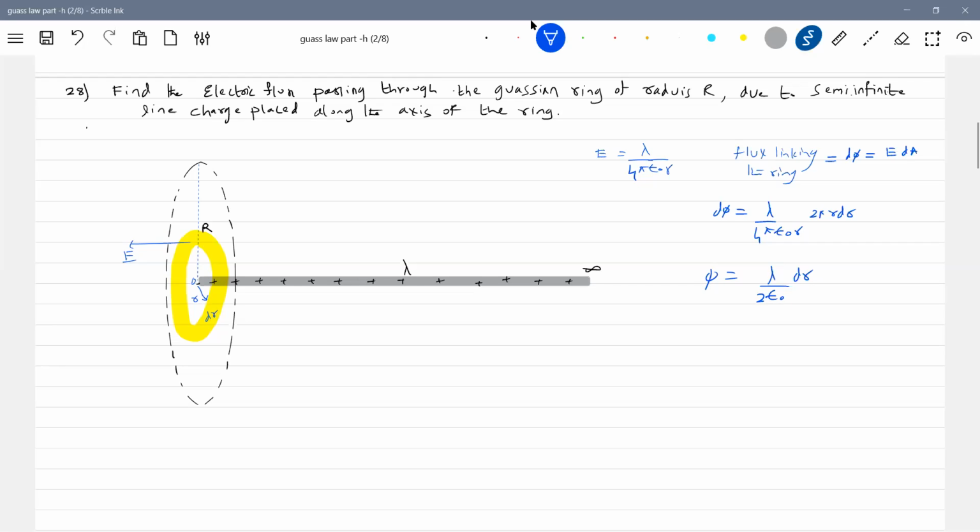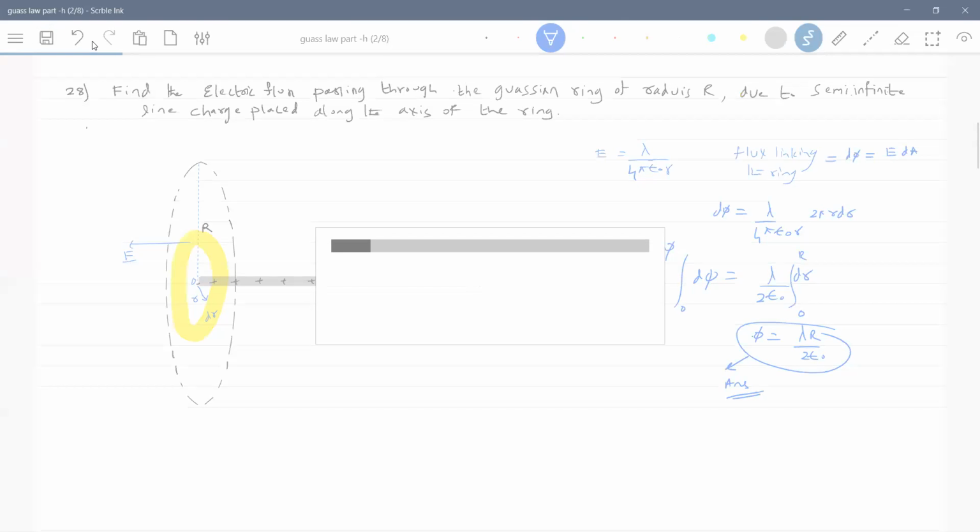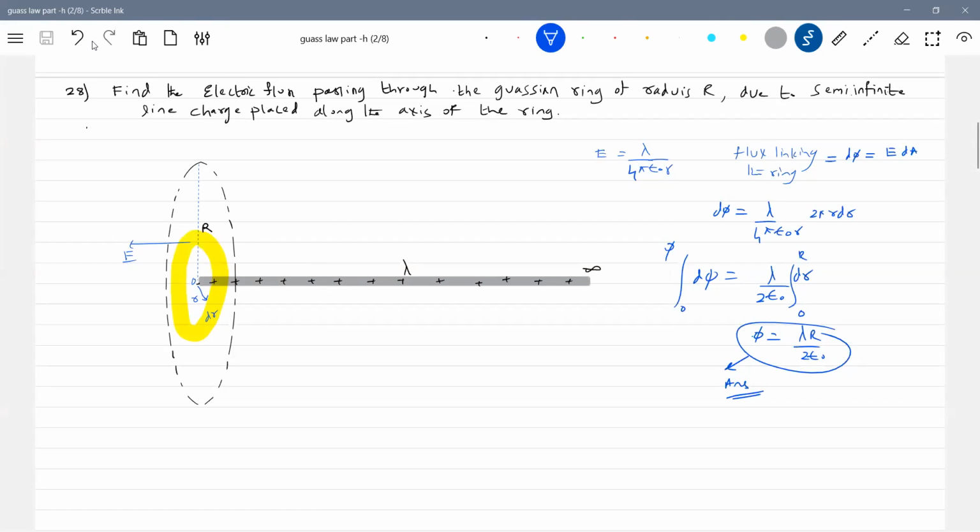Okay, what should be the limit now? So the limit should be the net flux from 0 to capital R. There's a flux linking the ring. There are other components. What is this component?